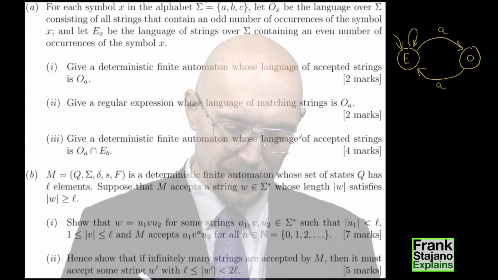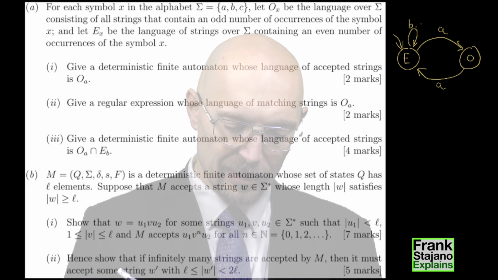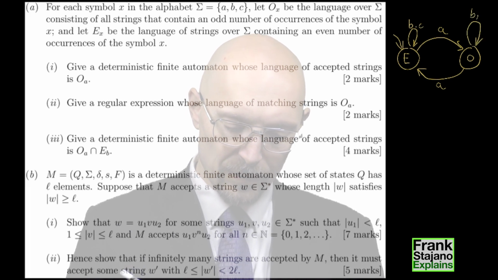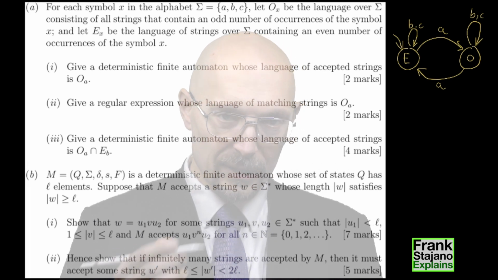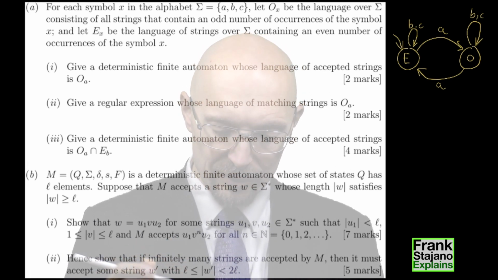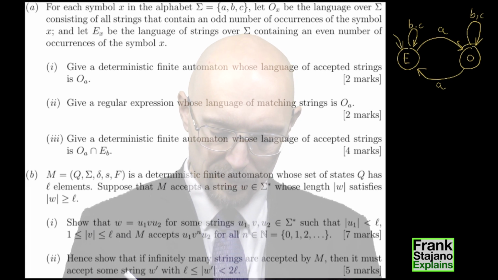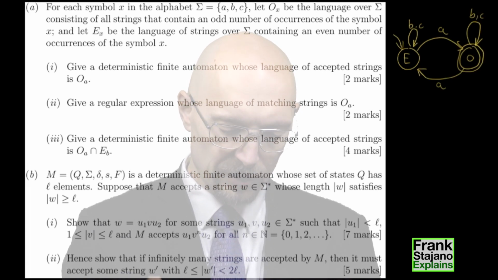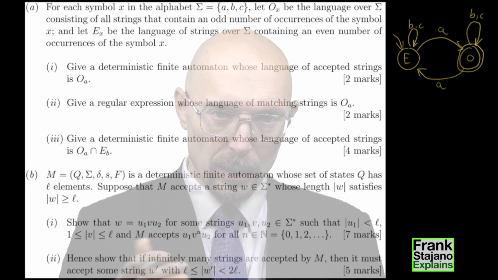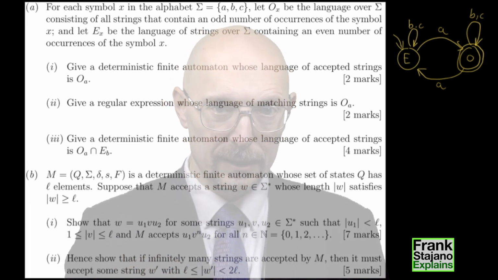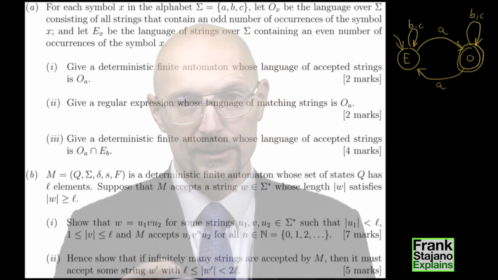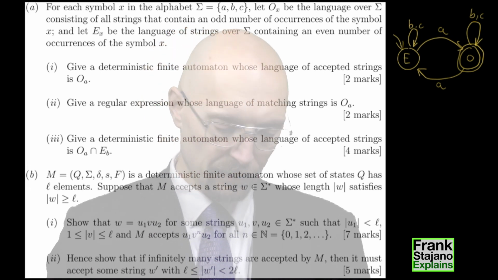So if I'm here and I get a B or a C, I stay there, and if I'm here and I get a B or a C, I stay there. And if in the end I get an odd number of A's, then I accept the string. Otherwise, I don't.